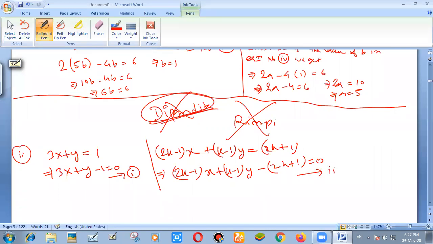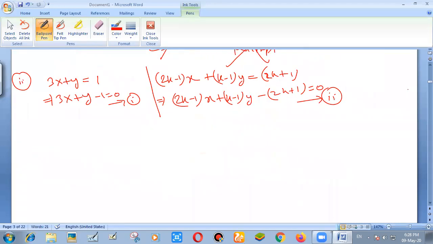Clear about this? Yes or no? Okay, so write down the values of a1, a2, b1, b2, c1, c2.